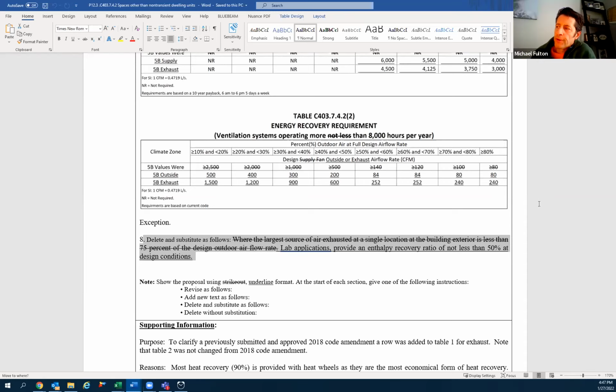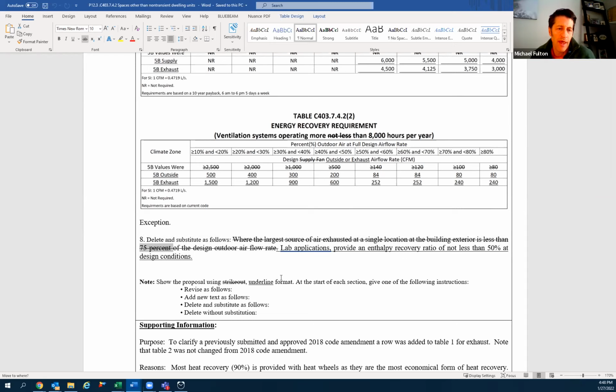So the revised proposal, we would actually change that from 75% to 60%. So it just moves that down from 75% to 60%. And then we do a ratio.